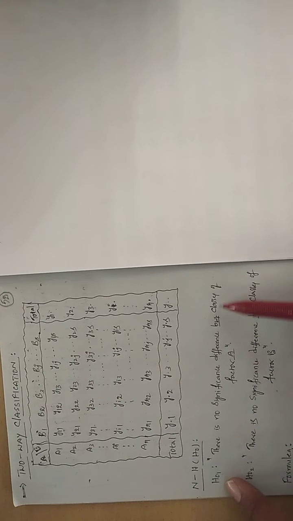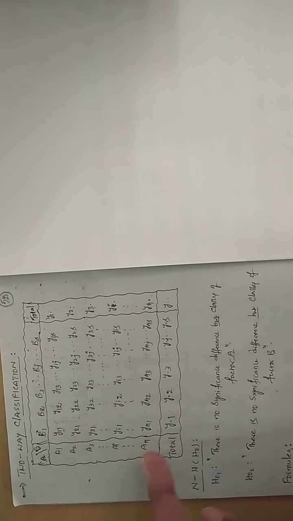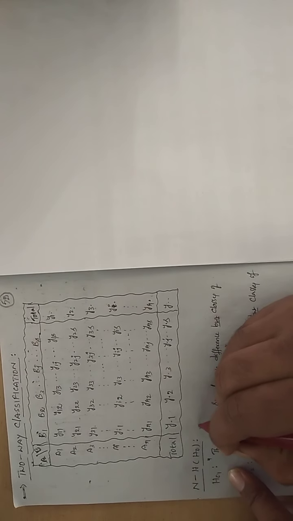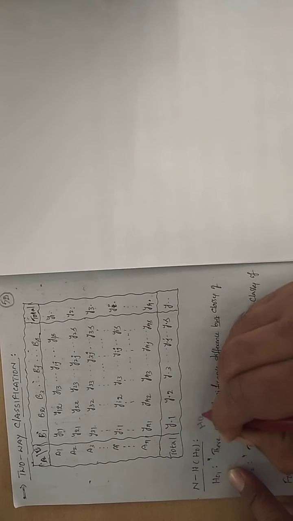There is no significant difference between the classes of the factor, here price. That means the price is not having any effect on the sales of the cars. That is going to be the null hypothesis in the verbal way. If you want, you can put this in the notation form also like this. How do you write?